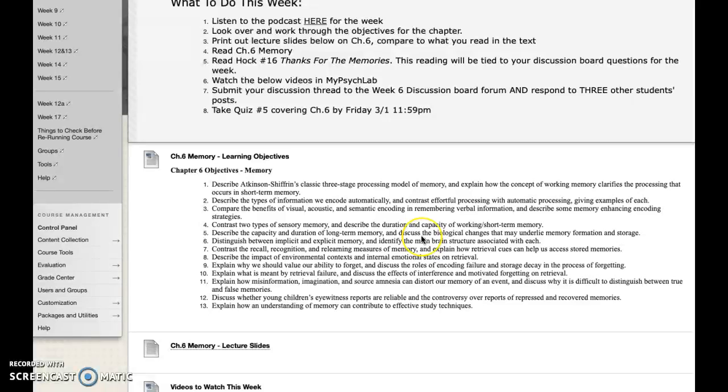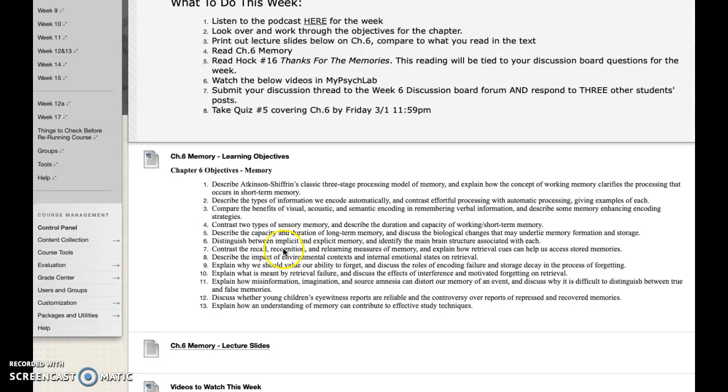Then we'll move into the longer lasting stage of memory, which is long-term memory. How does something get into long-term memory? And when we form those kinds of memories, what's happening in our brain, structurally speaking? Does it matter what the types of memories are?